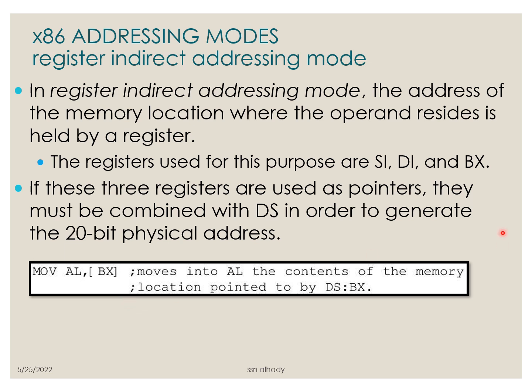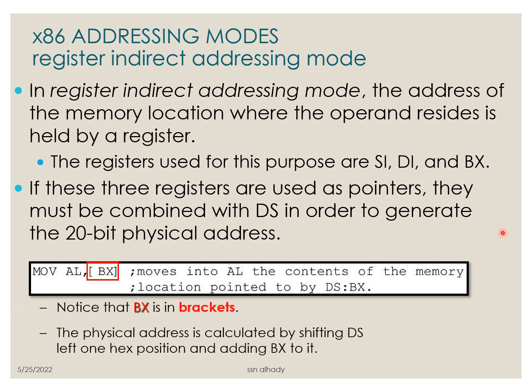With BX in the bracket, the physical address is calculated by shifting the DS left by one hex position, and then you add it with BX. This is how you find the physical address of the data.